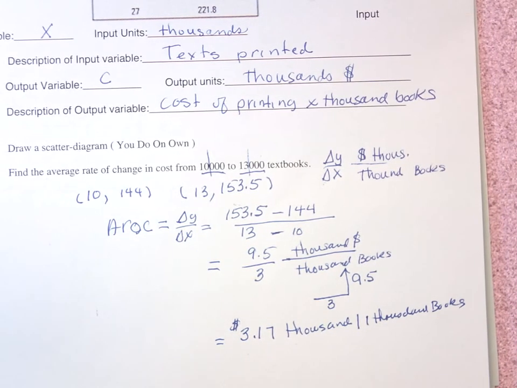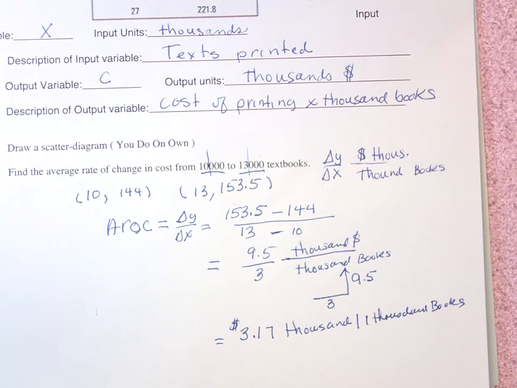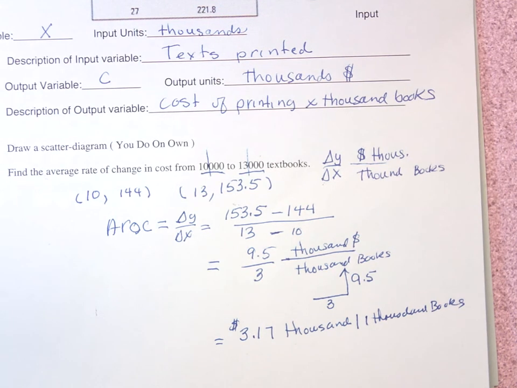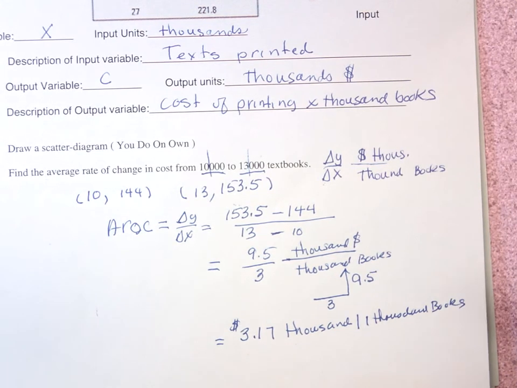For every 1,000, it increases 3,000. So, and that's because of the units that we're in.